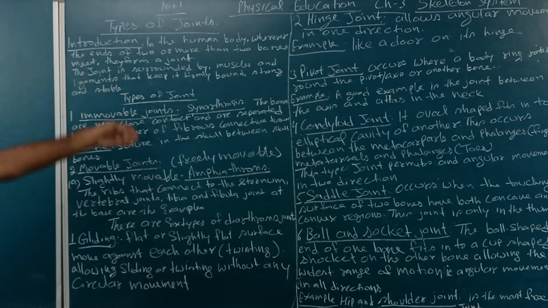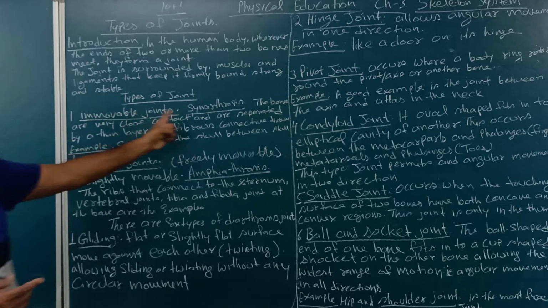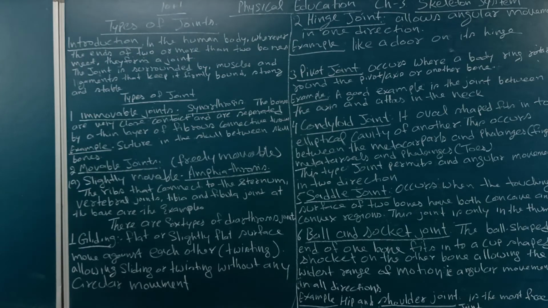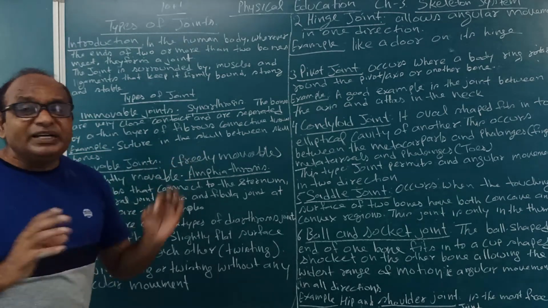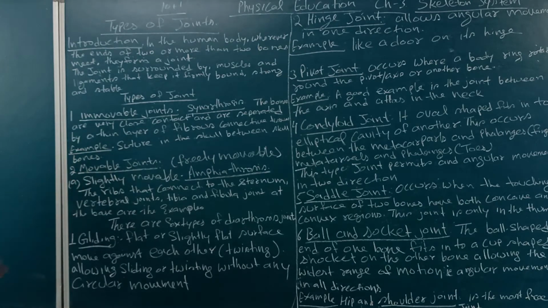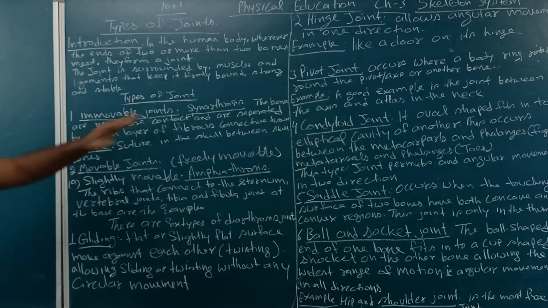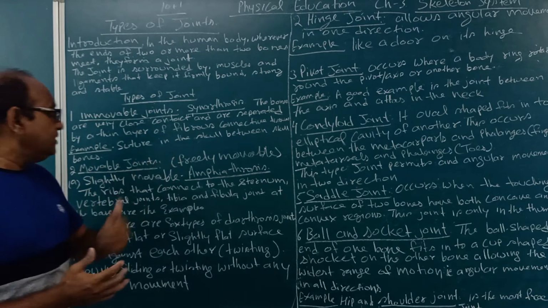And there are two types of joints. One is immovable joints. These joints are also called synarthrosis. And the sutures in the skull between skull bones are the best example of immovable joints.